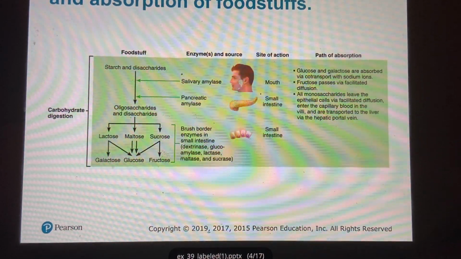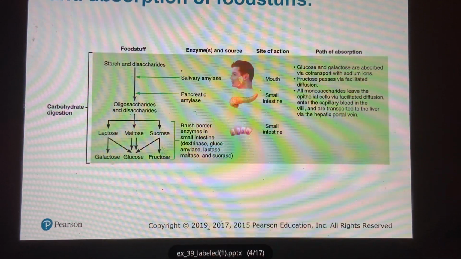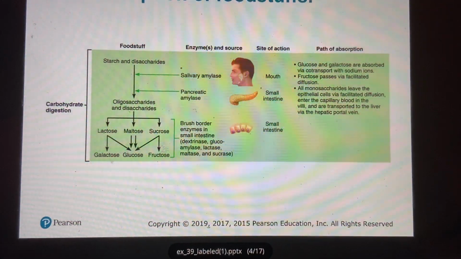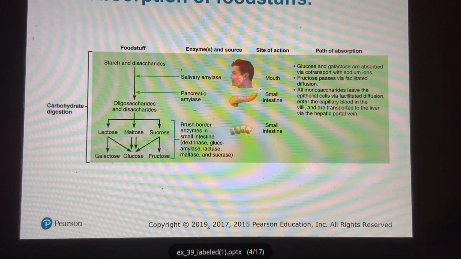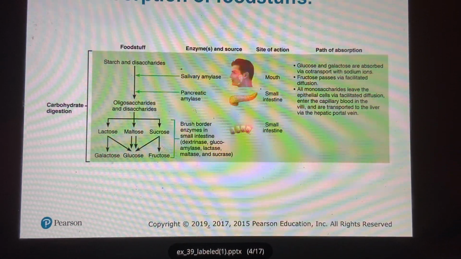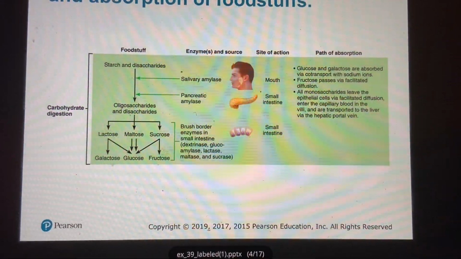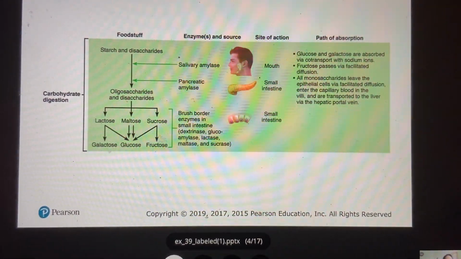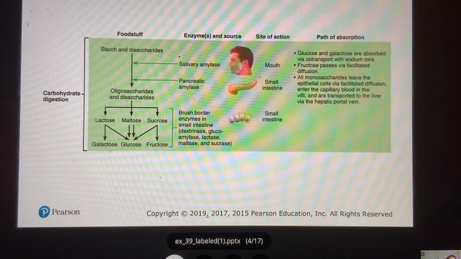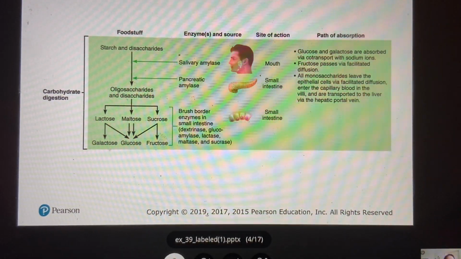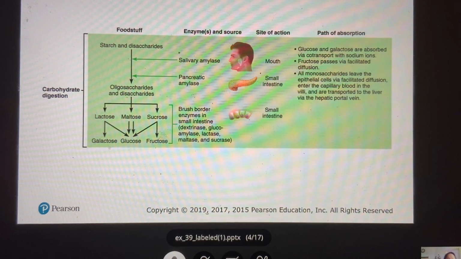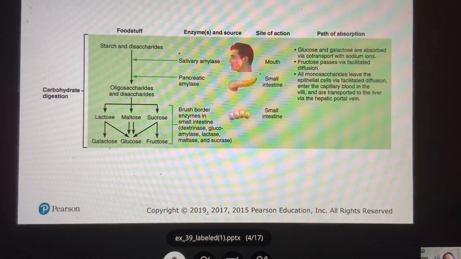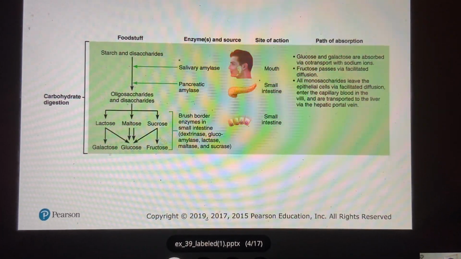This is what I was telling you, what will happen to the food that we eat. It will be digested all the way down to the glucose level. Galactose, glucose, fructose, these are the simple sugars that will be produced when we digest starch and carbohydrates.